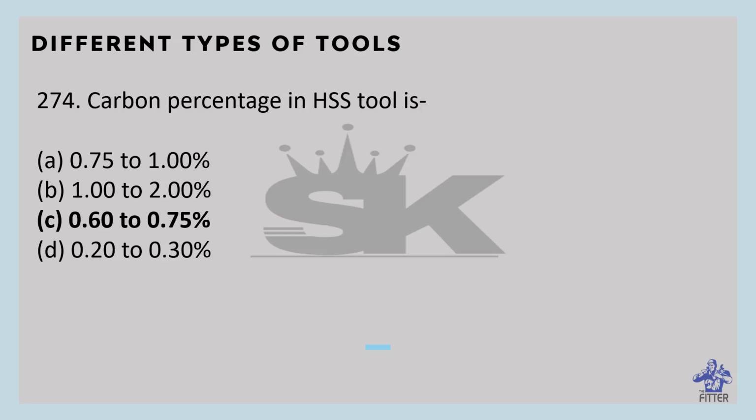HSS is a special alloy steel obtained by alloying tungsten, chromium, vanadium, cobalt, and molybdenum with steel. HSS is used for cutting tools in lathes, shapers, planers, milling machines, drilling machines, broaching machines, etc.